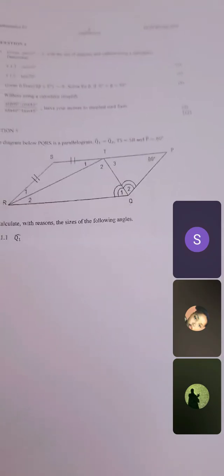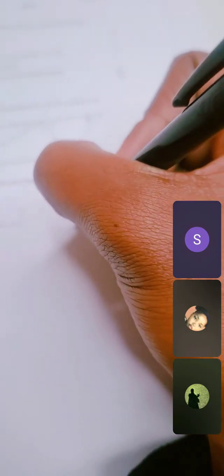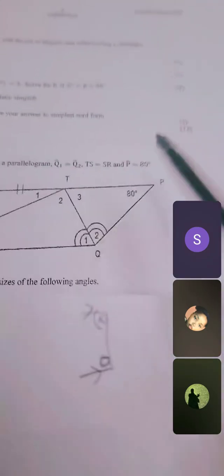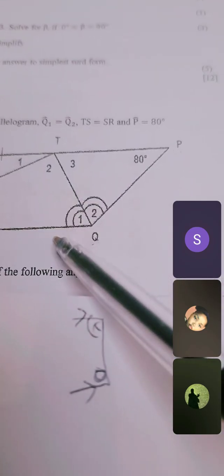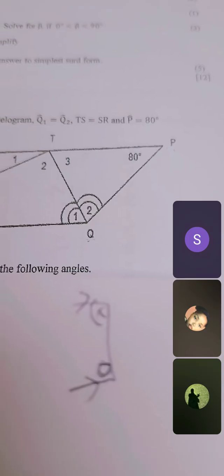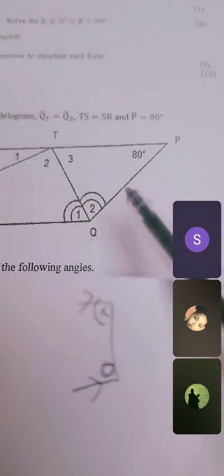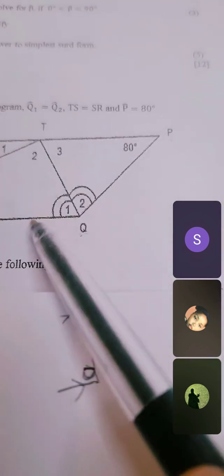It's like the U-shape relationship. These lines are parallel. Co-interior, which means they add up to 180. So if that is 80, what is the entire angle Q?